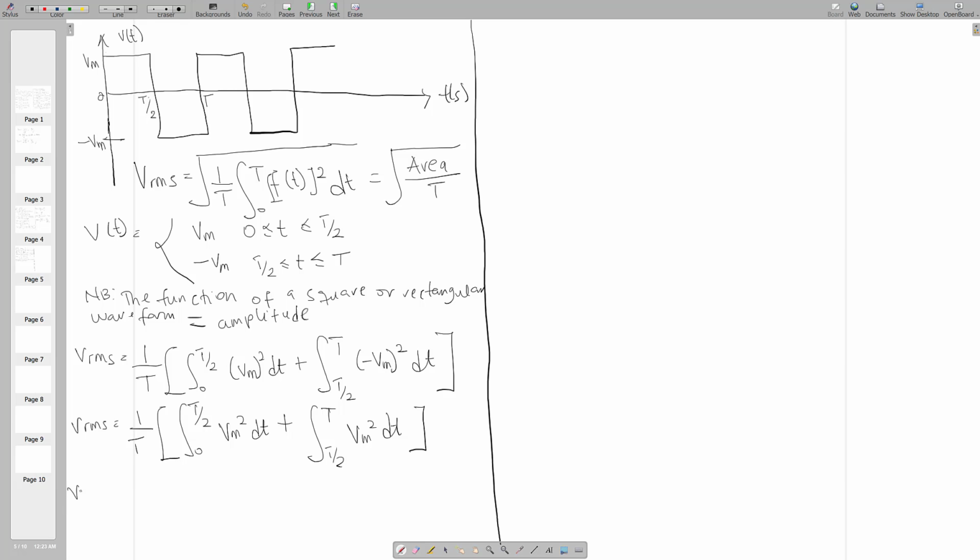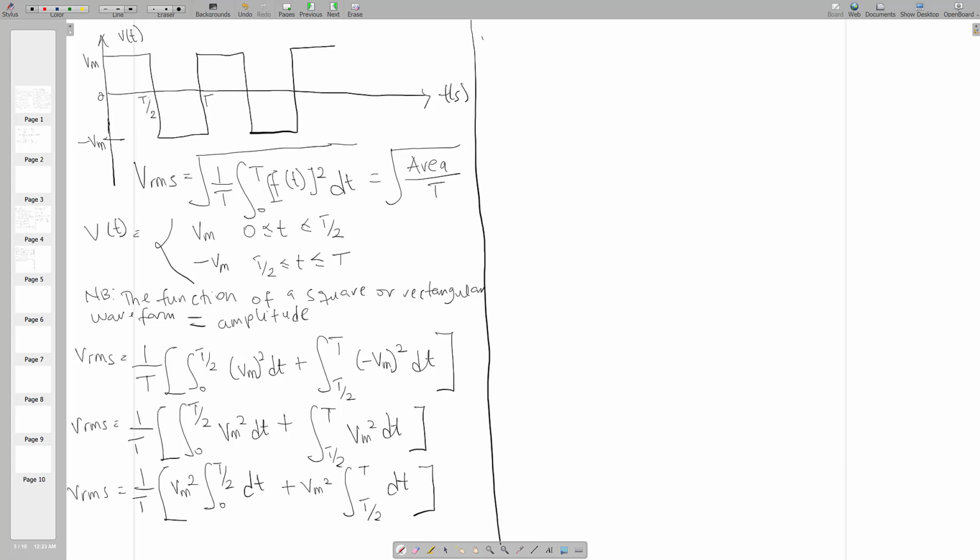Then VRMS will be equal to 1 on T. We can see that this Vm squared is a constant, so I can bring it out over here. So Vm squared, 0 to T on 2, I'll have just dt over here. Plus, I know that this is also a constant, so I'll bring it out, Vm squared, T on 2 to T, left with just dt like that.